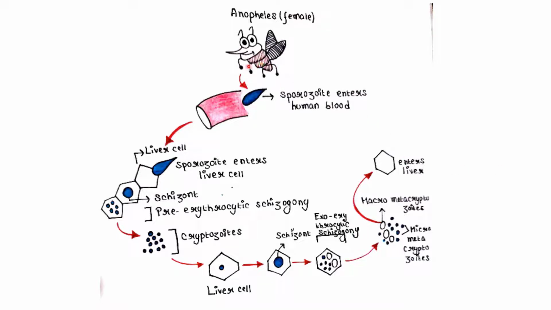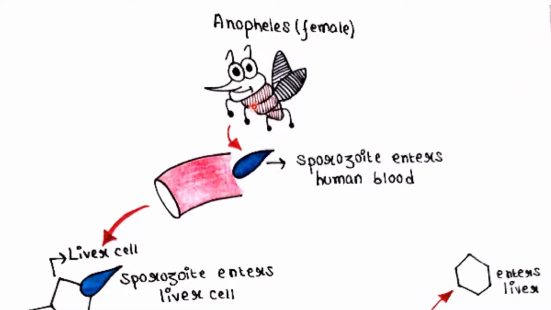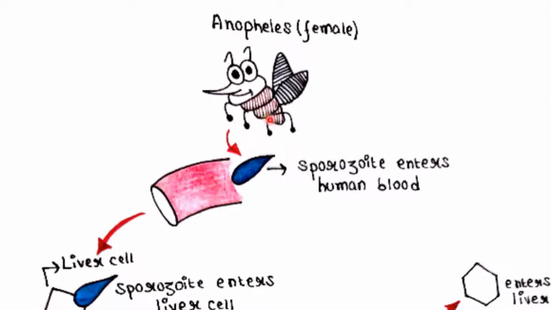So, this is the female Anopheles mosquito and it is carrying the parasite Plasmodium vivax. Mind it, not all female mosquitoes carry these parasites. This mosquito is carrying the deadly parasite and biting a man. We should know that a particular parasite may have different forms.